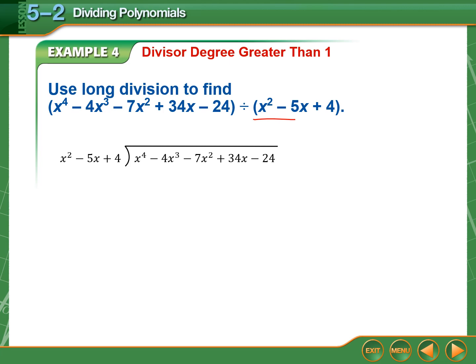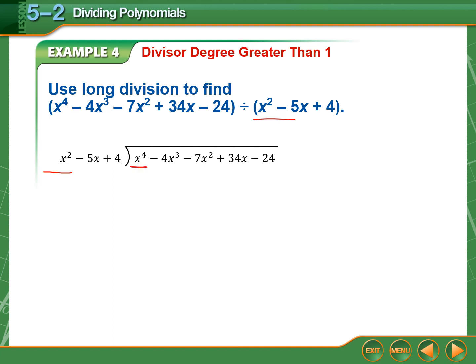All right, so we're going to set it up. We've set up our problem, x squared minus 5x plus 4, dividing x to the 4th minus 4x cubed minus 7x squared plus 34x minus 24. First I'm going to look at this x squared.